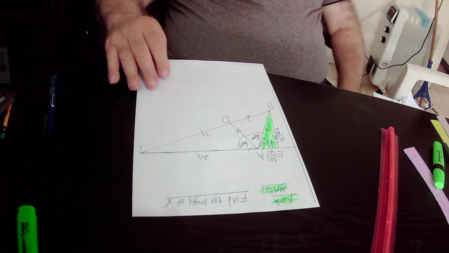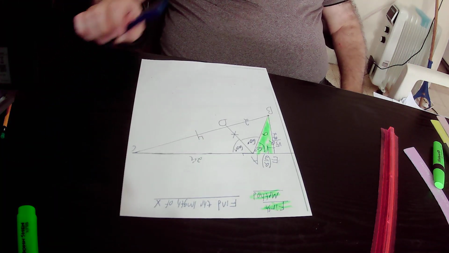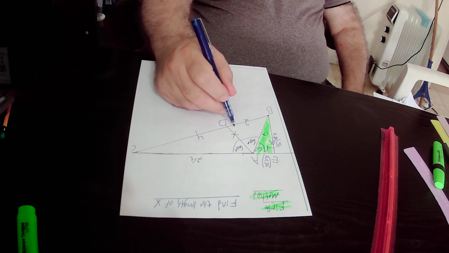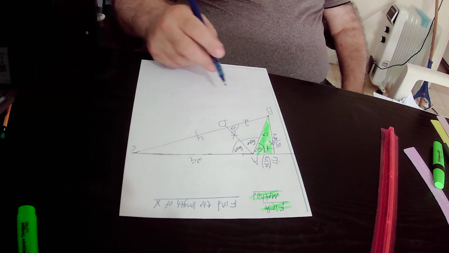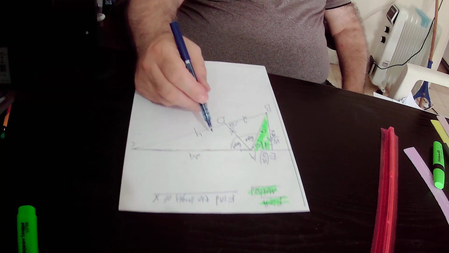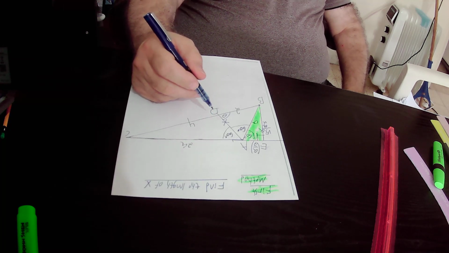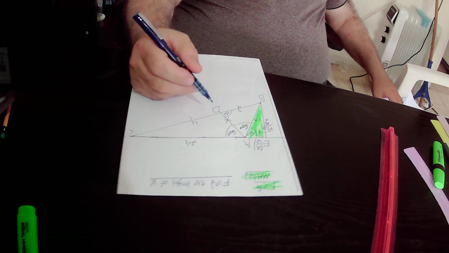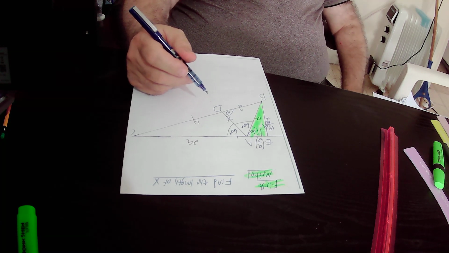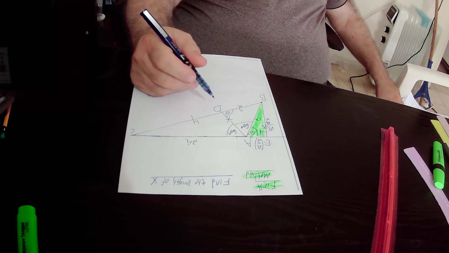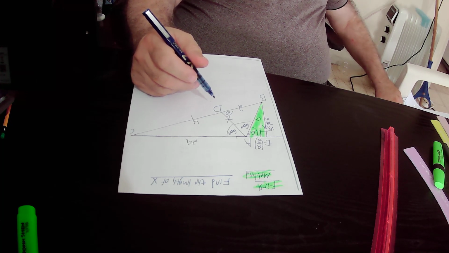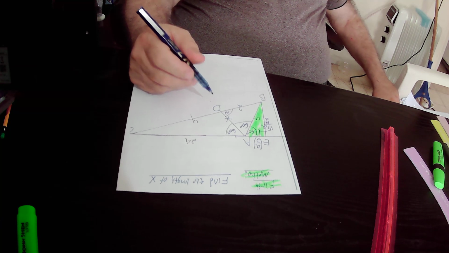In the second method, we define angle ADB as theta. If angle ADB equals theta, then angle ADC must be equal to 180 degrees minus theta.